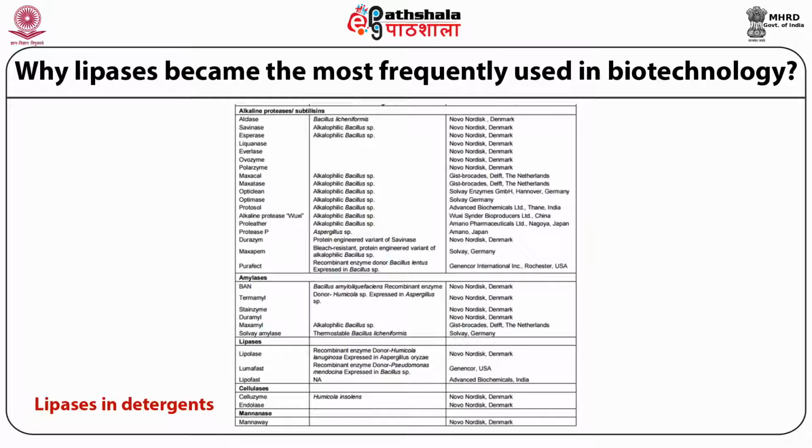It was around 1928 that the sulfation of fatty acids was carried out to obtain synthetic detergents. It was Otto Röhm who in 1931 patented the use of pancreatic enzymes in detergents.